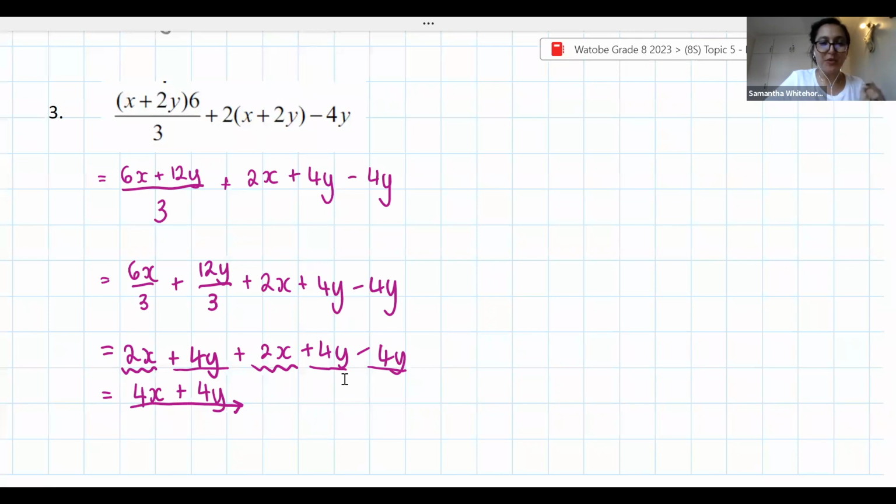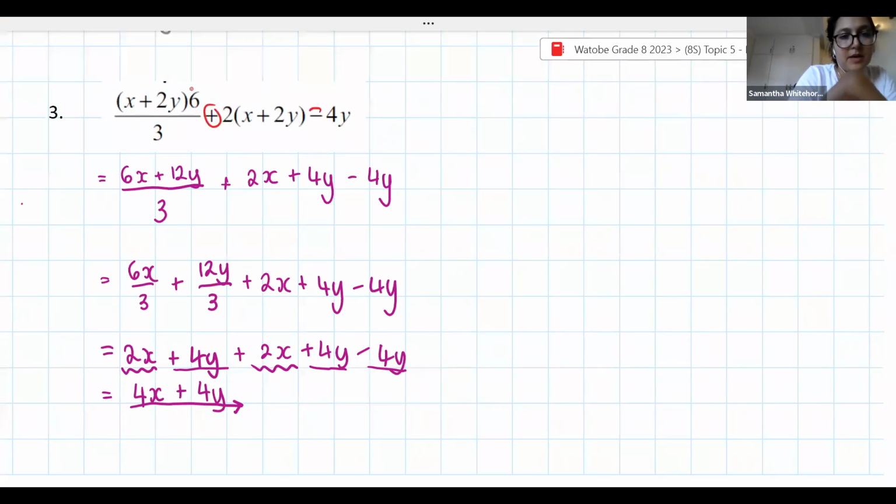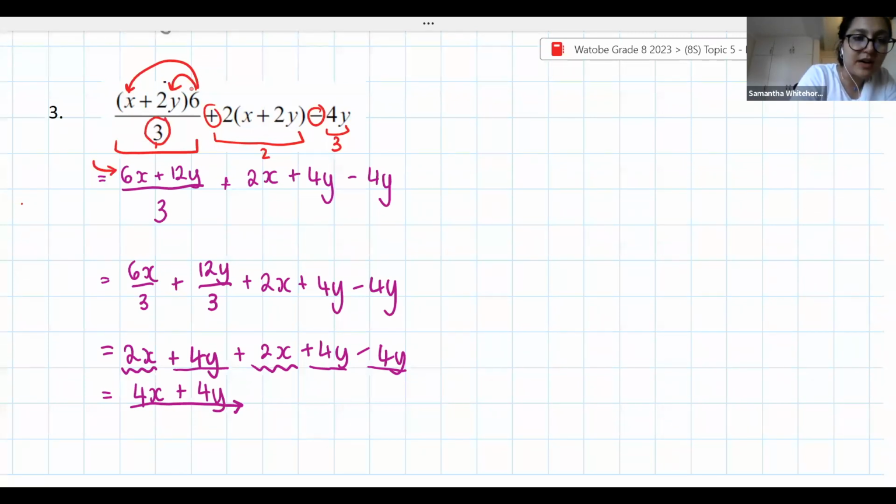Beautiful explanation there. Just to recap, these are quite tricky. There's my plus and minus sign separating my terms, so I've got term 1, term 2, term 3. In term 1, I need to multiply the 6 to the x and the 2y, so that's why I got 6x plus 12y. That is still being divided by my denominator, so I've still got the fraction, which I'm going to eventually separate to simplify it.